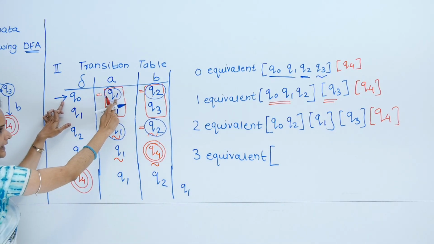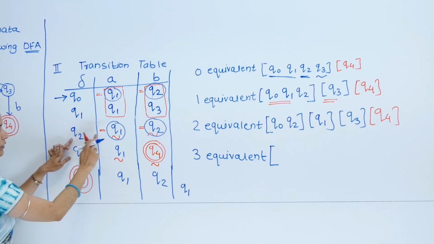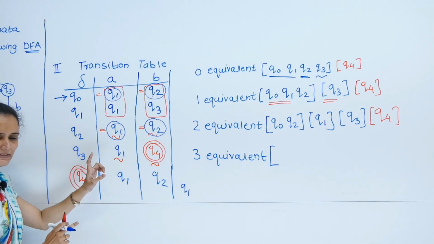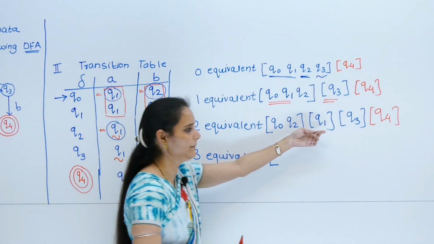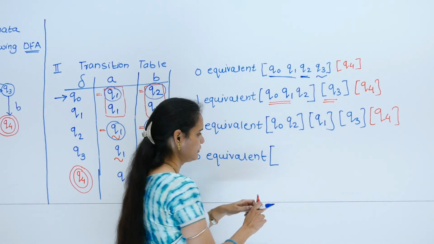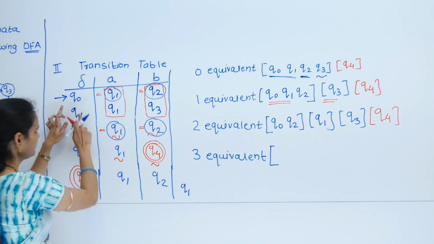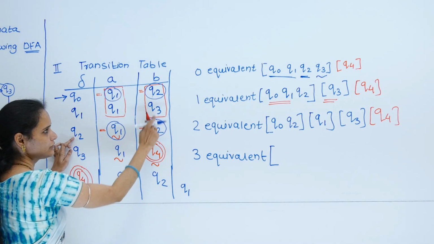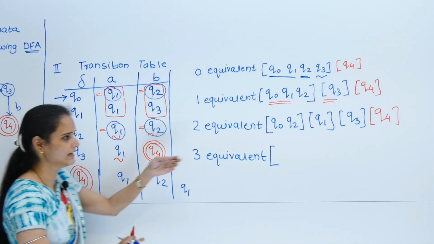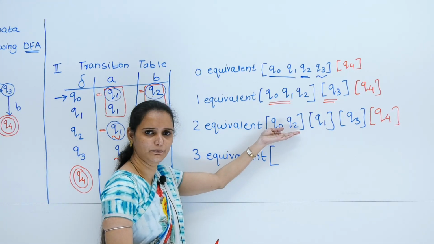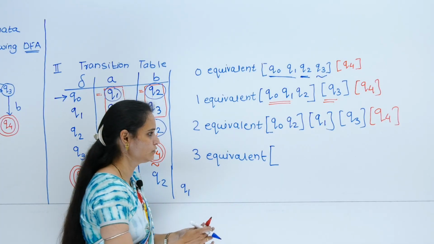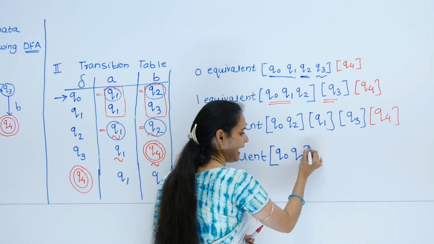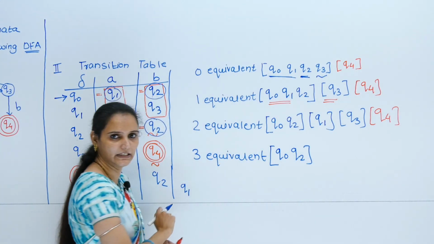Q0 on input A goes to Q1, and Q2 on input A goes to Q1, the same symbol, so they will be in one group. Next, Q0 on B and Q2 on B are both Q2 and Q2, the same symbol, so they should be in one group. So Q0 and Q2 are still in one group in three equivalent.